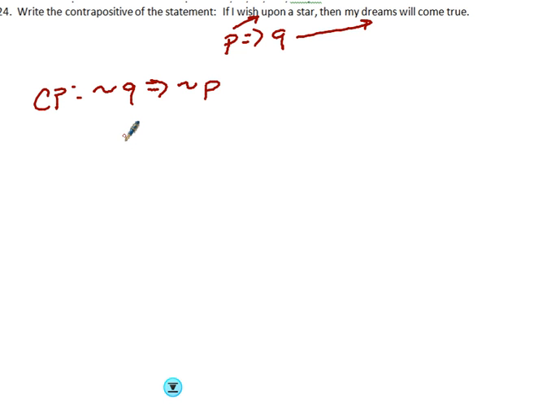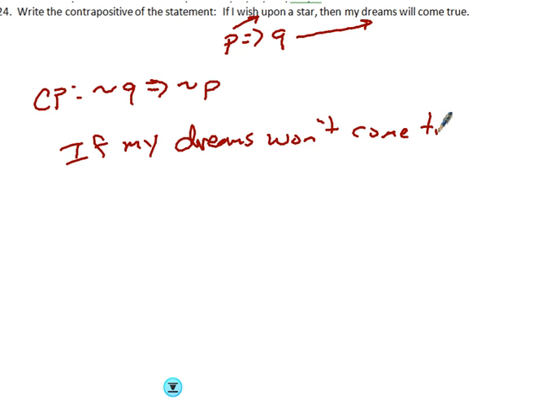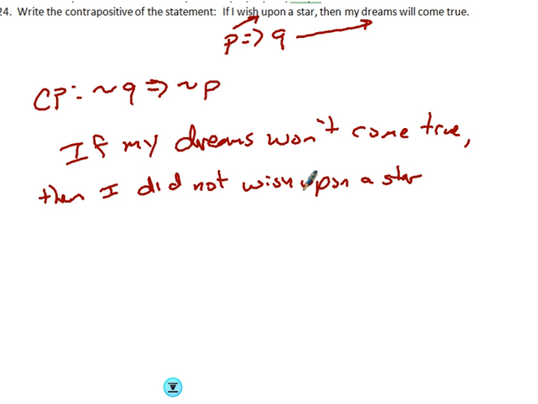Going all the way back to chapter 1 with your logic. So if not Q, if my dreams won't come true, then not P. So P is I wish upon a star, then I did not wish upon a star.